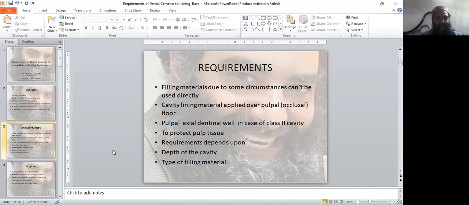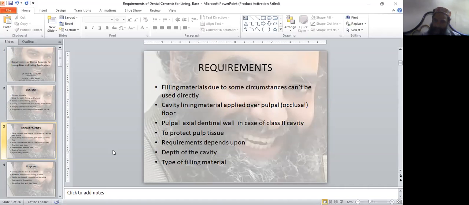So, requirements: filling materials, due to some circumstances, can't be used directly. So when we have such a problem, a cavity lining material must be applied over the pulpal or occlusal floor.